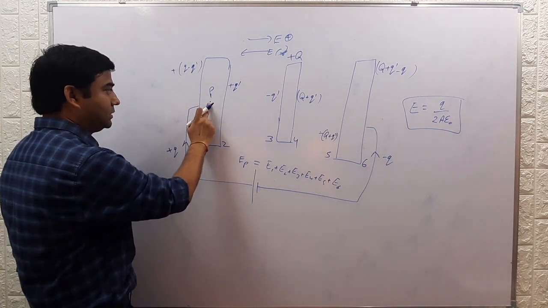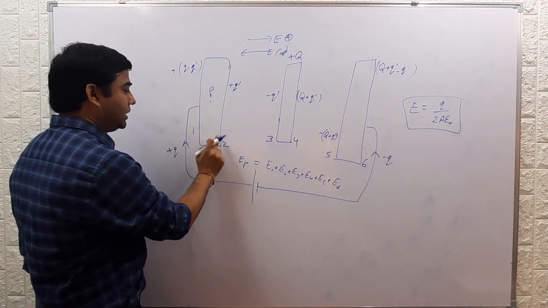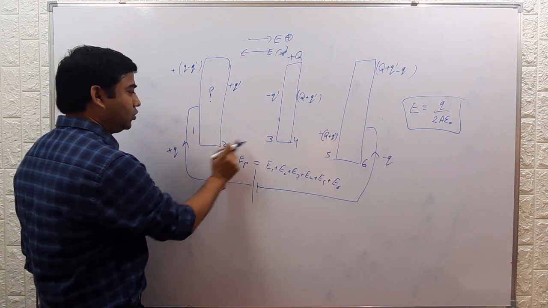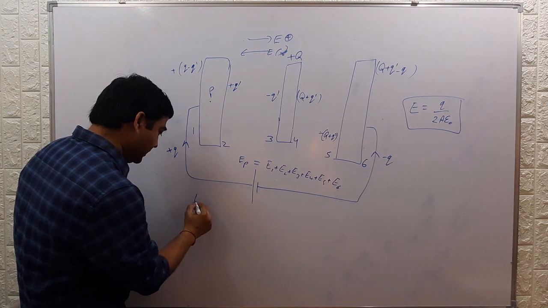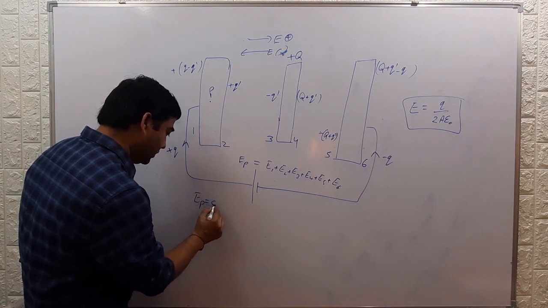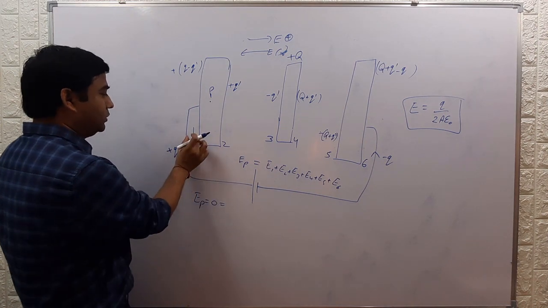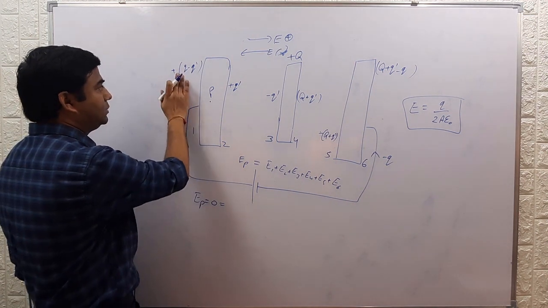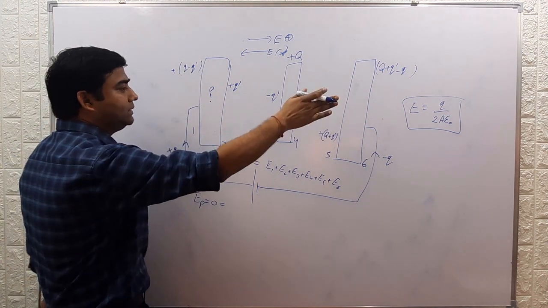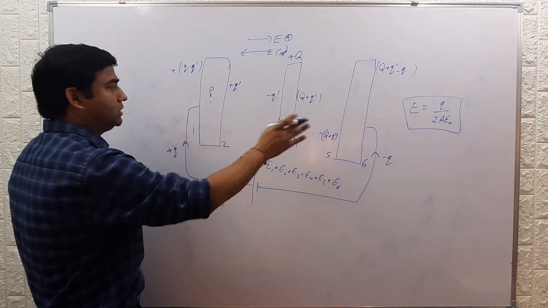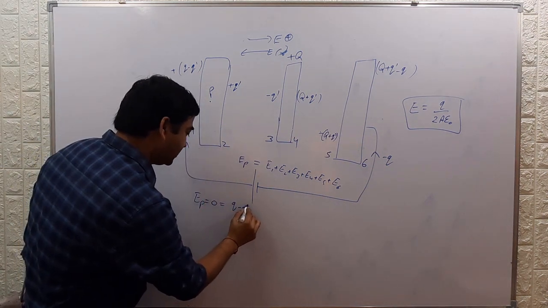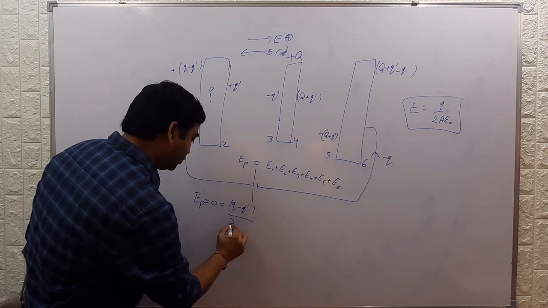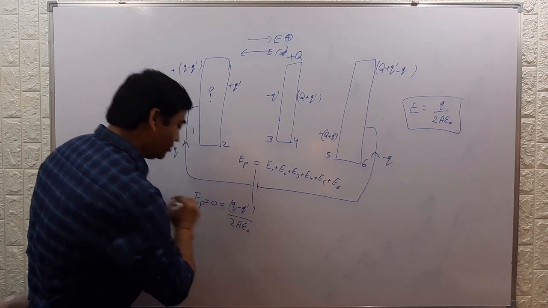At this point, the electric field is the resultant of the electric fields due to all these surfaces. So EP is equal to 0, which is equal to: due to this surface, this is positive charge, so the electric field will be in the rightward direction, so it is positive. So plus (Q minus Q dash) by 2A epsilon 0.